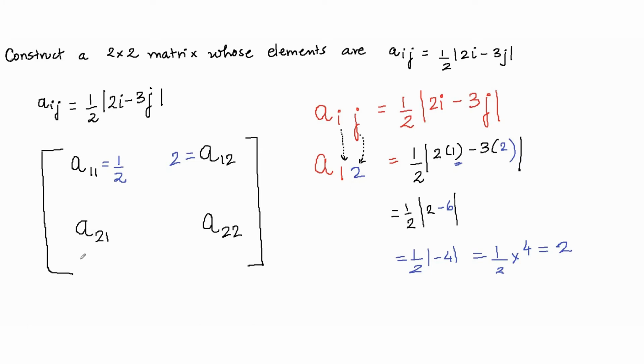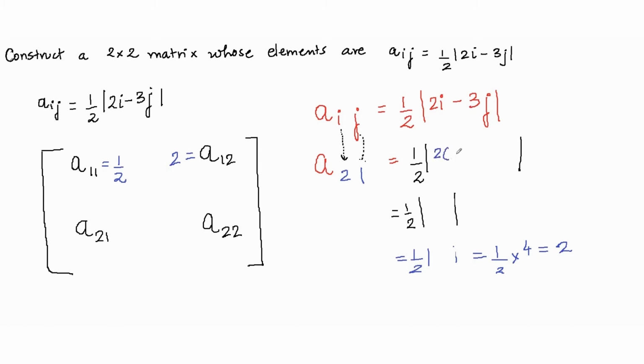Now let's find the value of A21. Again, let me pause for a few seconds for you to take a look at what was done. Now to find A21, I will substitute i as 2 and j as 1. So if I want to find A21, i is substituted as 2.